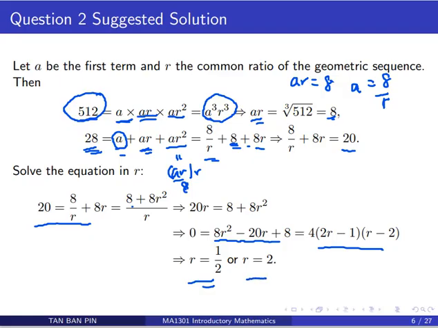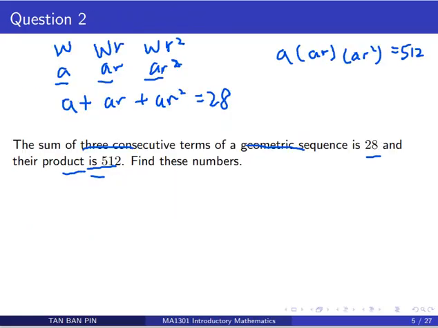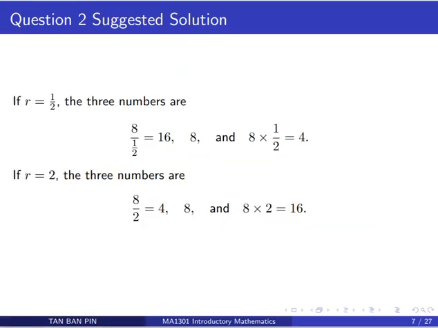Okay, and with that, you read the question, it asks you to find these numbers. So you have to find the numbers. There are two answers. R is half and R is 2.